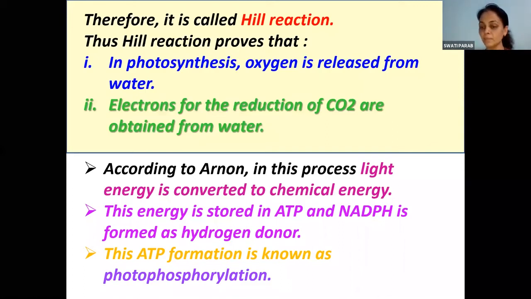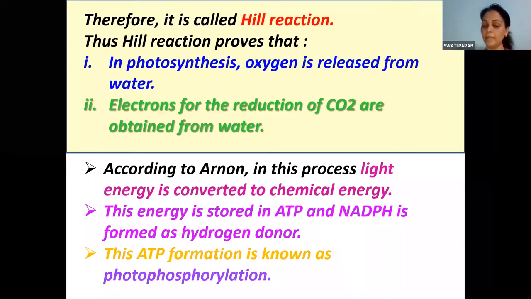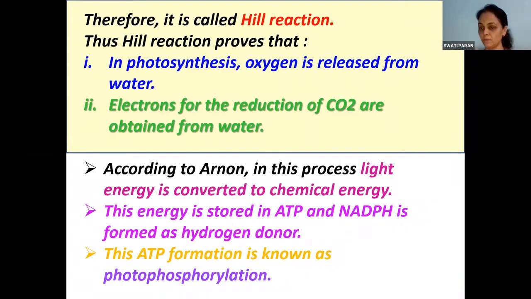Clear? Once again, I'm repeating the same. Whenever there is conversion of light energy into chemical energy, for that purpose, we require energy-rich molecules. And the energy-rich molecules which are stored here in stroma and grana are ATP and NADPH.